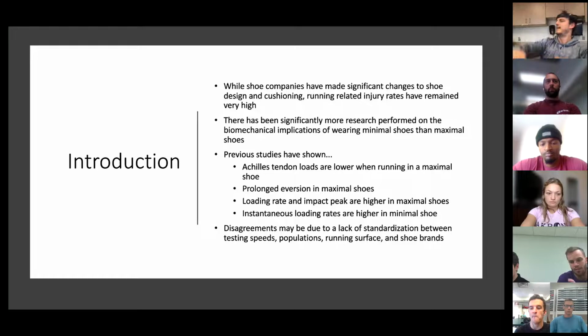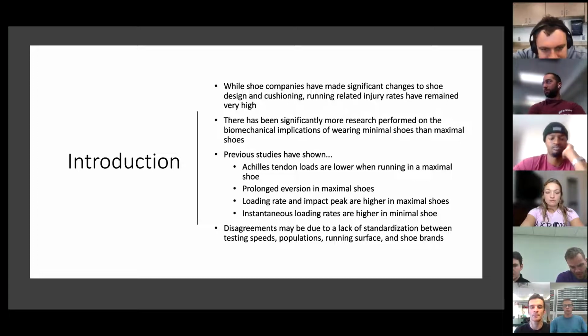So again, less demand on the plantar flexors, leading to less supination. Loading rate and impact peak tend to be higher in maximal shoes, but instantaneous loading rates are higher in minimal shoes. That's what previous studies have shown. Though there have been some disagreements due to lack of standardization between testing speeds, population, running surface, and shoe brands. So it's kind of hard to generalize.